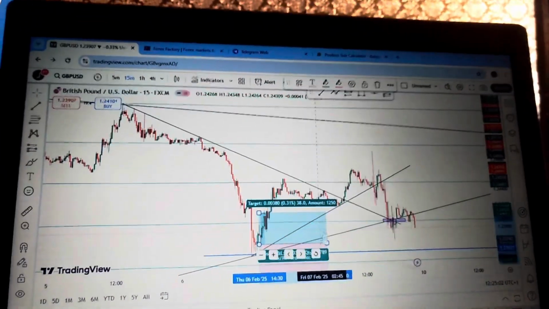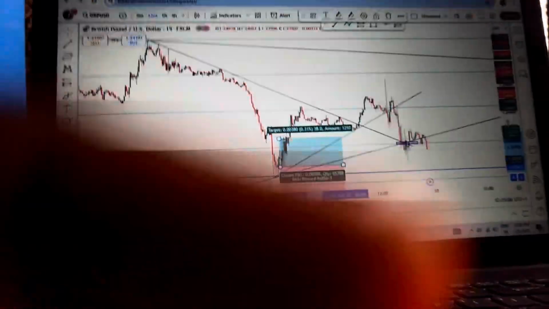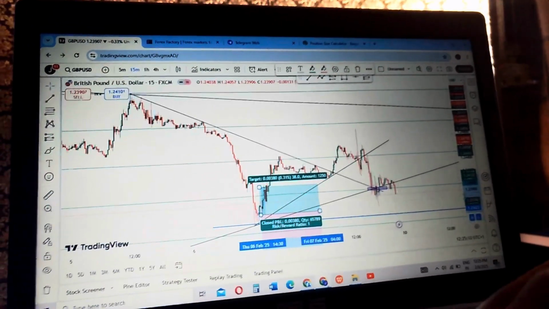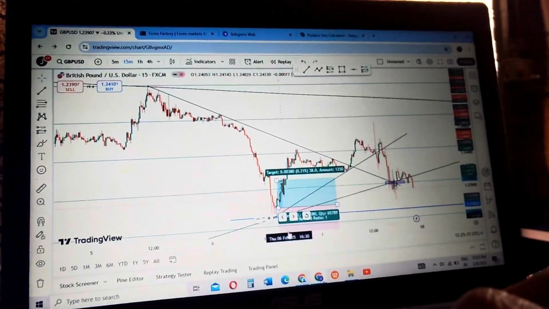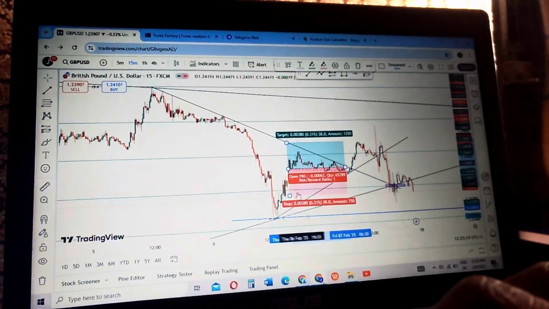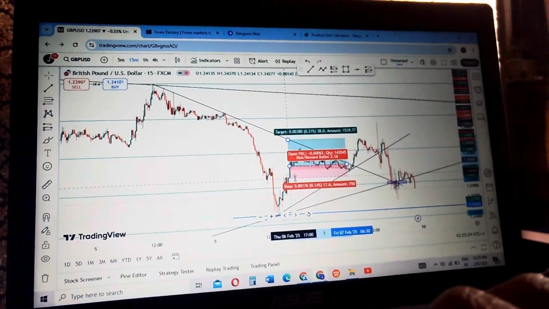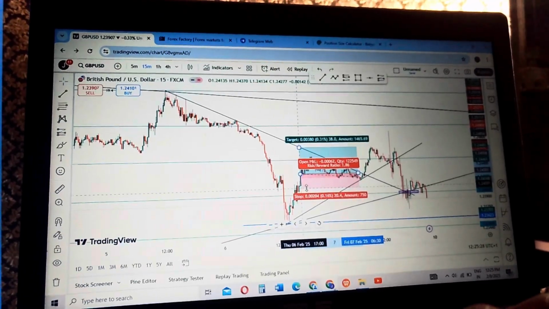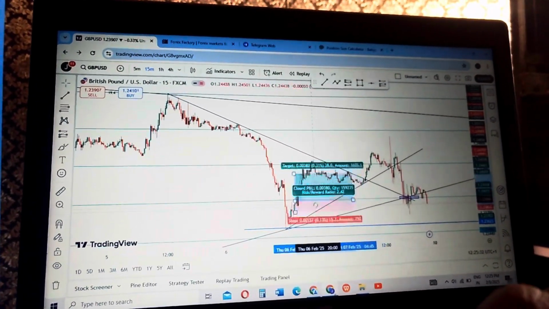And your stop loss is very close. Let's say your stop loss is 15 pips. Let me just do it like the one I said the other time. Let's say your stop loss was 15 pips.